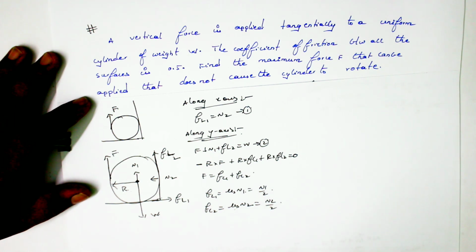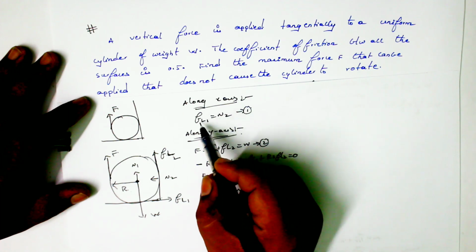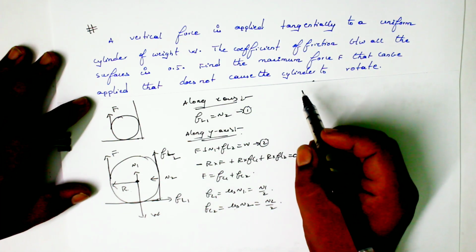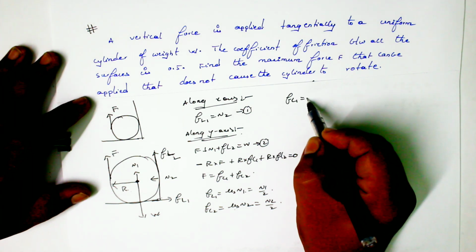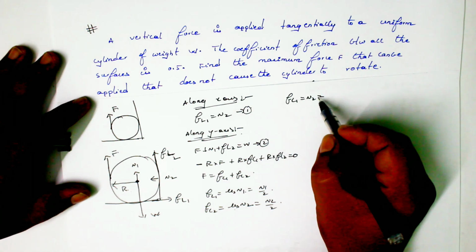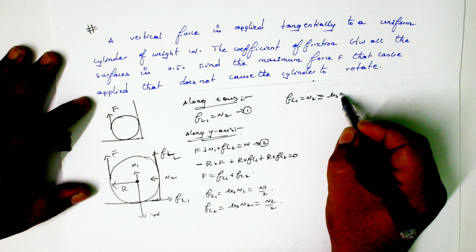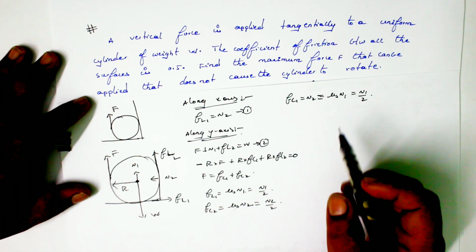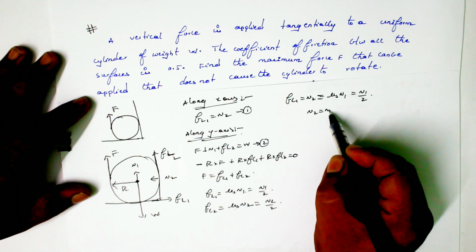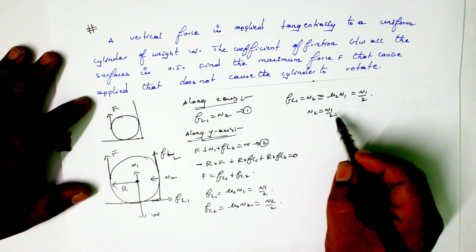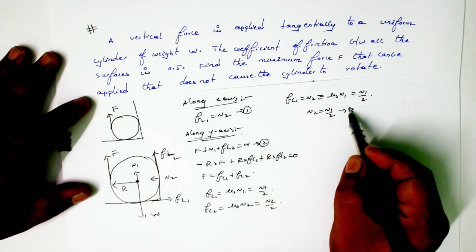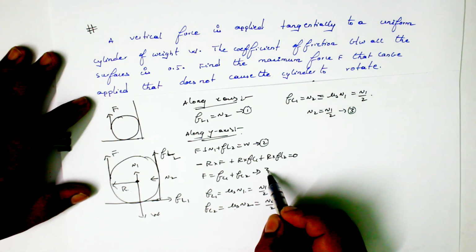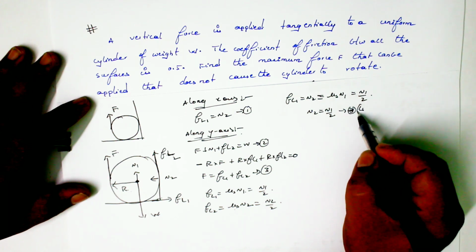But there is one more relation between FL1 and N2, so let us write that here. FL1 is equal to N2 and FL1 is equal to mu s into N1, so N1 divided by 2. Therefore N2 is equal to N1 divided by 2. So this is one more relation I got. Let it be equation number 3, and let it be the fourth equation.